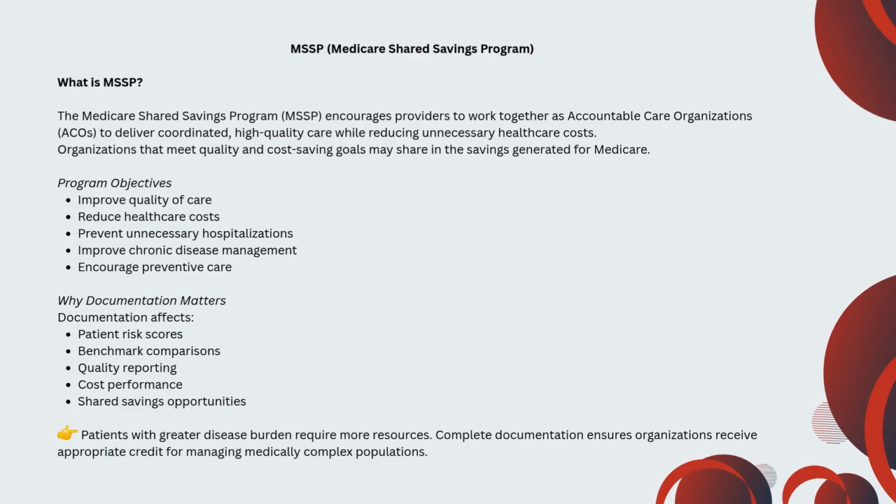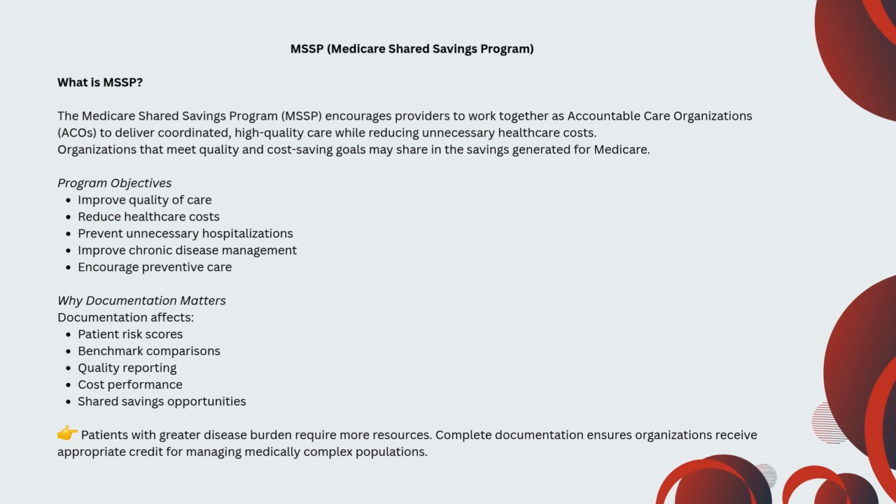Next quality program is MSSP, Medicare Shared Savings Program. What is MSSP? The Medicare Shared Savings Program encourages providers to work together as accountable care organizations to deliver coordinated, high-quality care while reducing unnecessary healthcare costs.